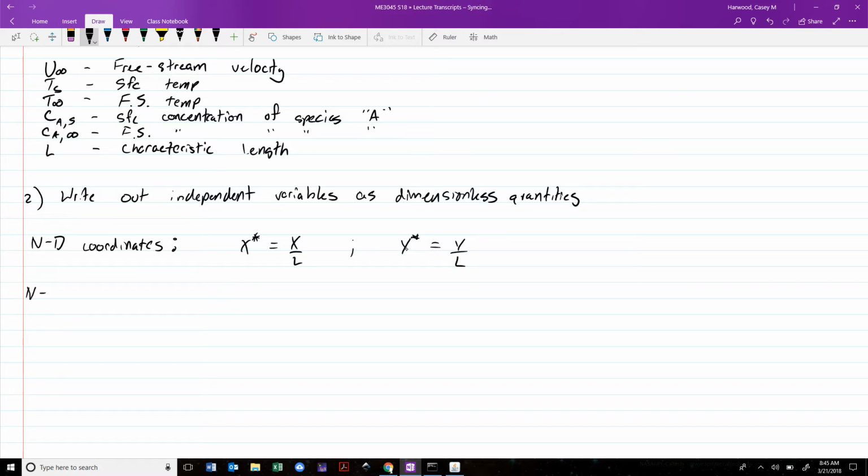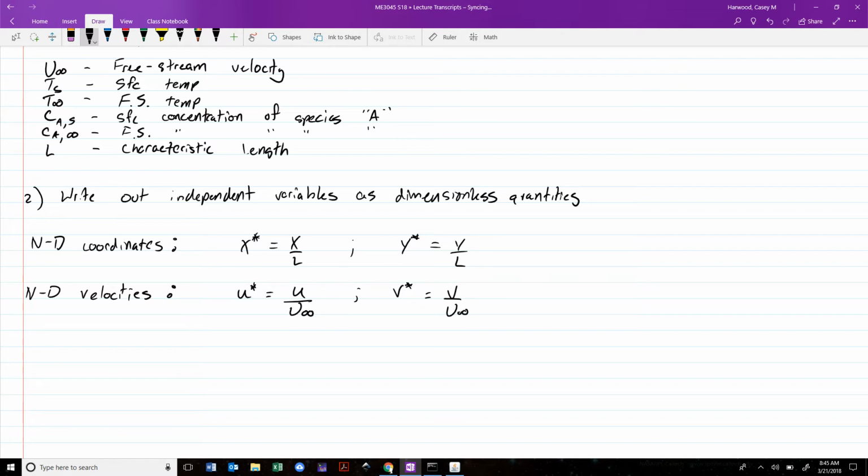We'll have non-dimensional velocities. So U star is going to be equal to U over U infinity, and V star is going to be equal to V over U infinity.